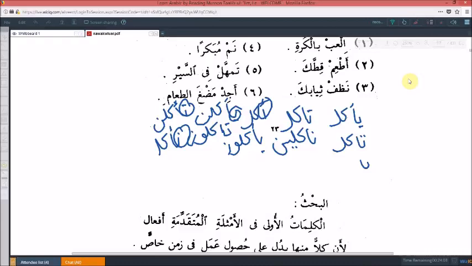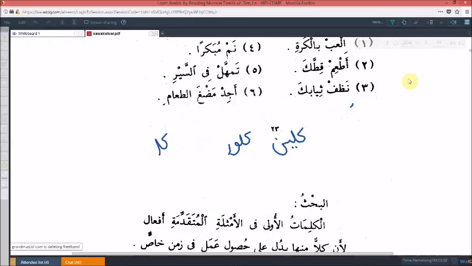Let me try to show you what I'm saying. We have, for instance, taba. Does it start with one of the huruf al-mudari'ah?